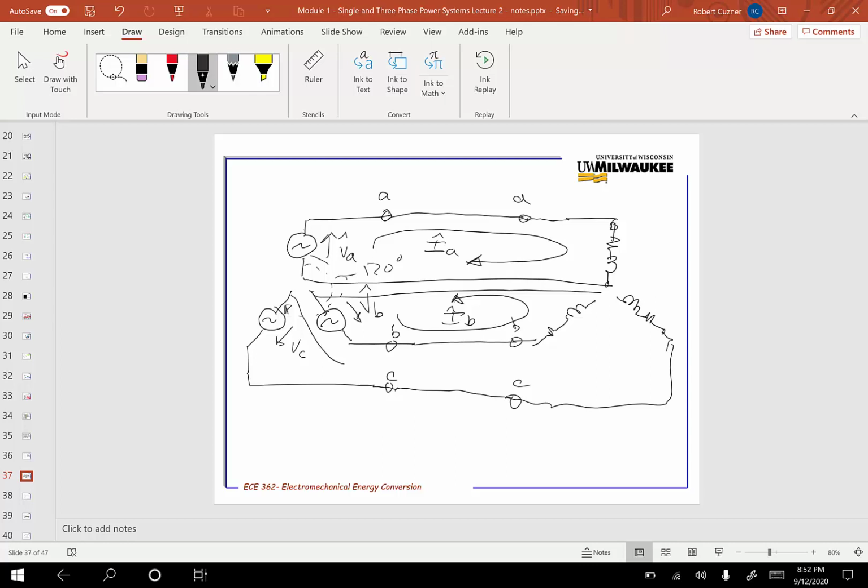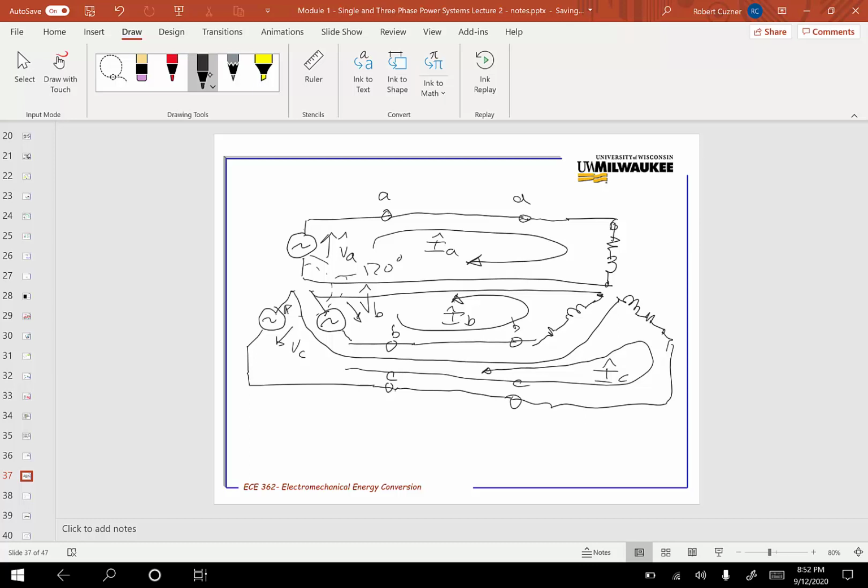And this one's a little bit weirder the way I'm going to draw it. You've got the phase C voltage, and that's the phase C current. 3 separate circuits represented this way.